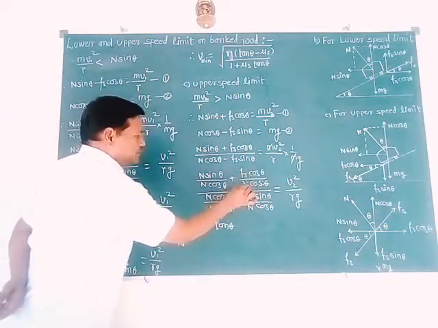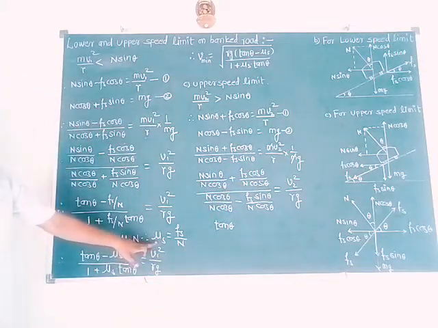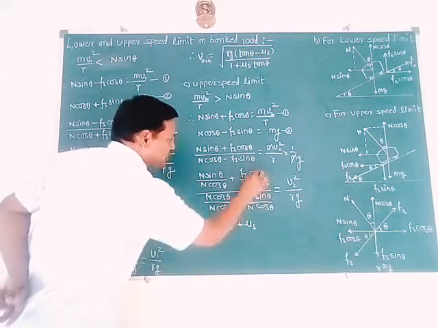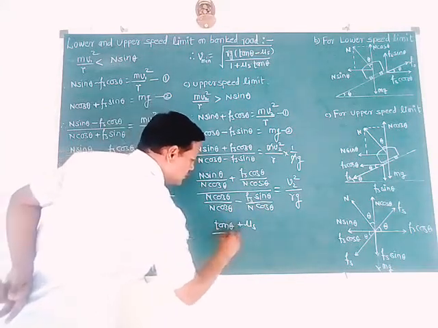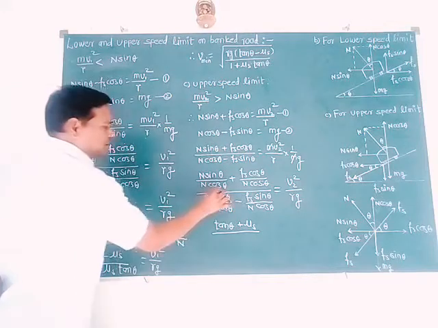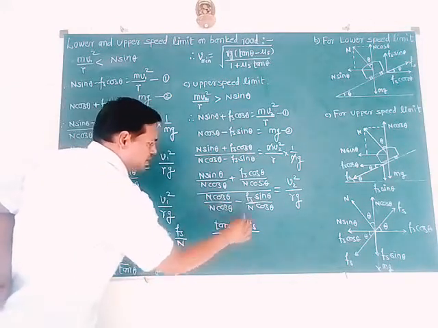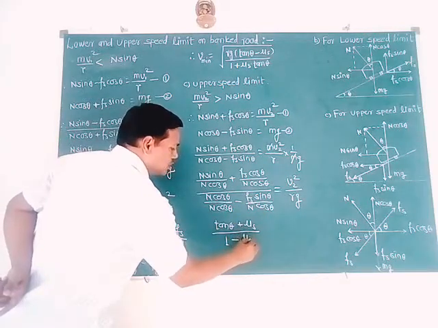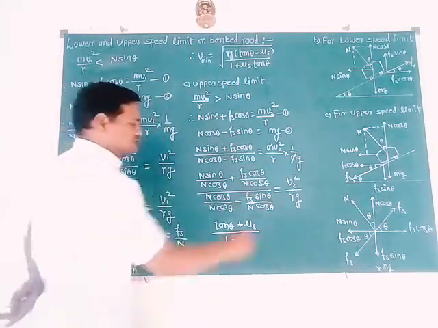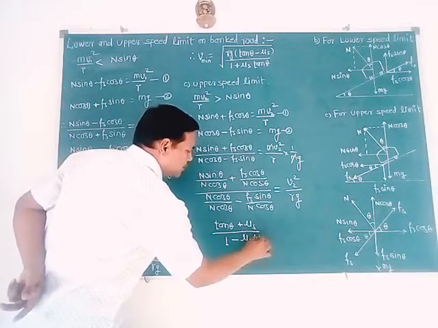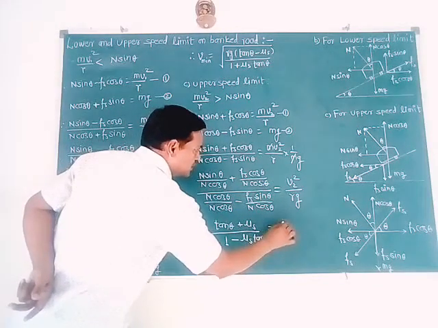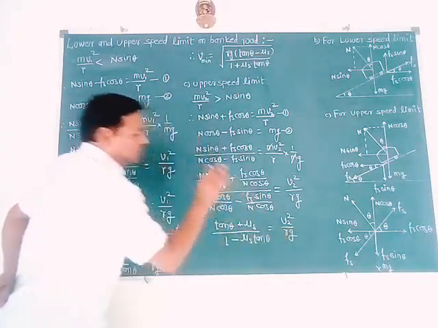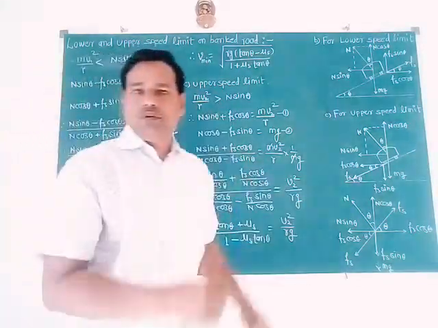Here Fs upon n, as usual, is mu s. Here plus mu s into cos theta gets cancelled. Last, here n cos theta upon n cos theta is 1. Here sin is minus. Again Fs by n is the coefficient of static friction mu s. Sin theta upon cos theta is tan of theta. Here it is v2 square upon rg. But this v2 square is v maximum.